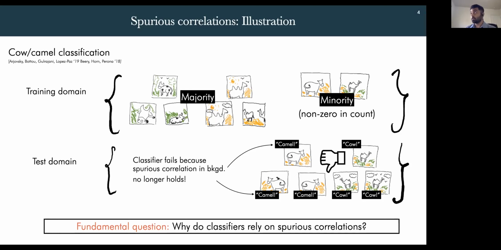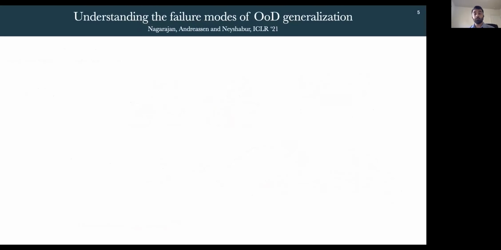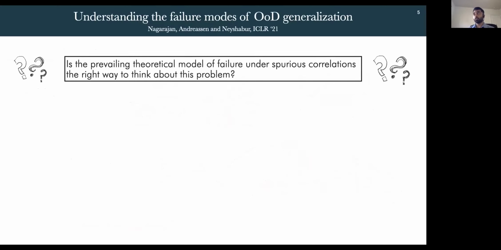Okay, so if there are no questions, let me give you an overview of what our results are. And this is going to be a very high-level overview. In this work, we take an existing theoretical model that tries to explain why classifiers use spurious correlations, and we ask whether that captures this phenomenon perfectly, whether that is the right way to think about this phenomenon.